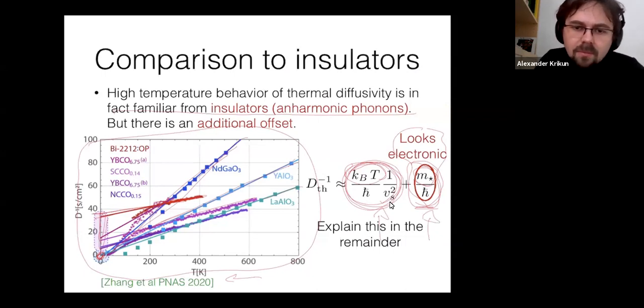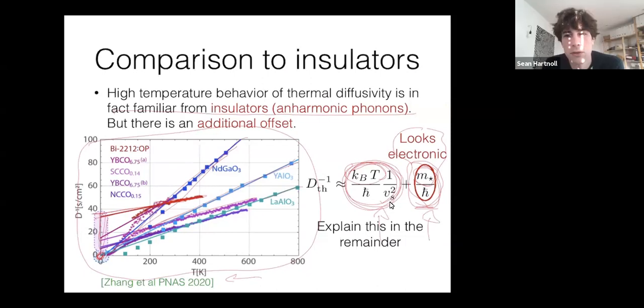Quickly, what exactly do we call m star here? This is the renormalized mass of the electrons. You could measure it in lots of ways. The specific heat, for example: the specific heat over temperature goes like, I think, k_B squared m star at low T. Or you could measure it from quantum oscillations.